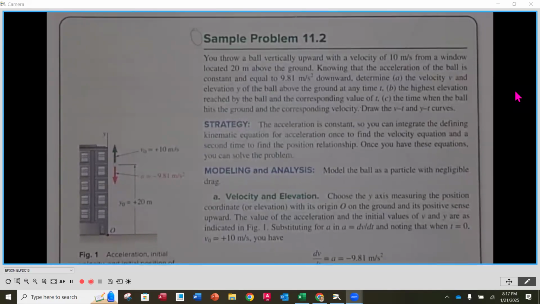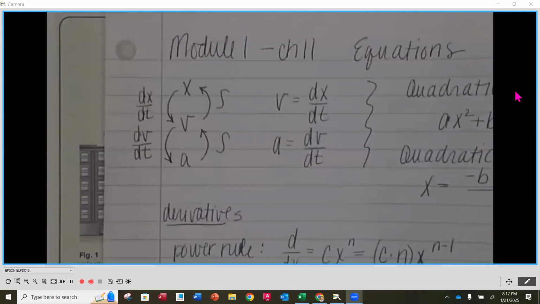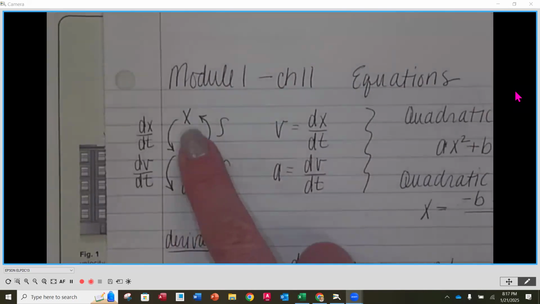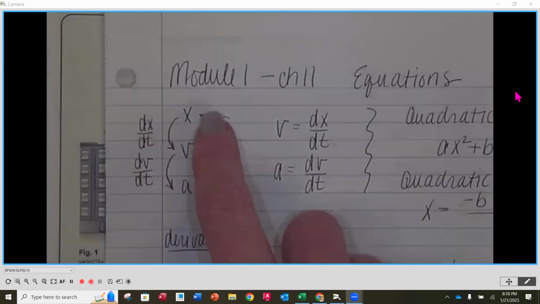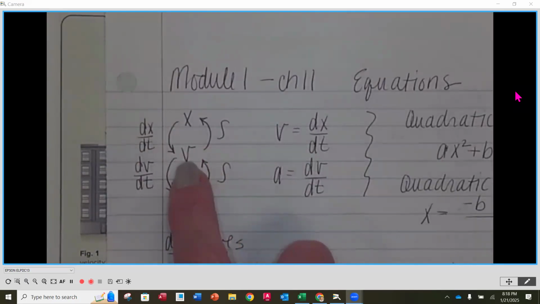So in that case, when we start at the bottom, and I like to think of this, I'm going to look at my little equation sheet that I created. If I know what my position is, x, to get the velocity from that, I'm going to take the derivative with respect to time of that x to get my velocity.